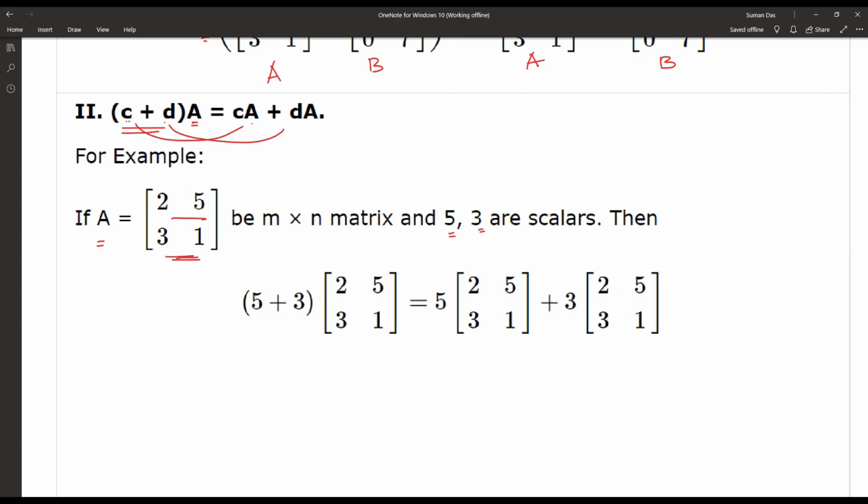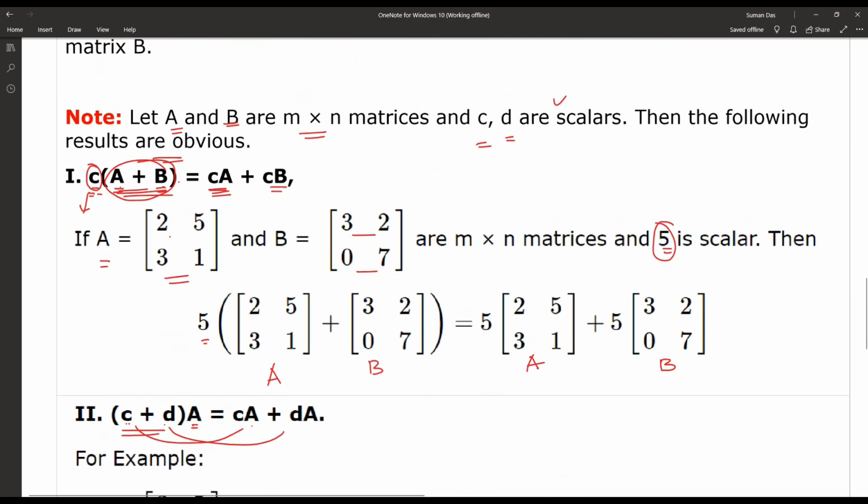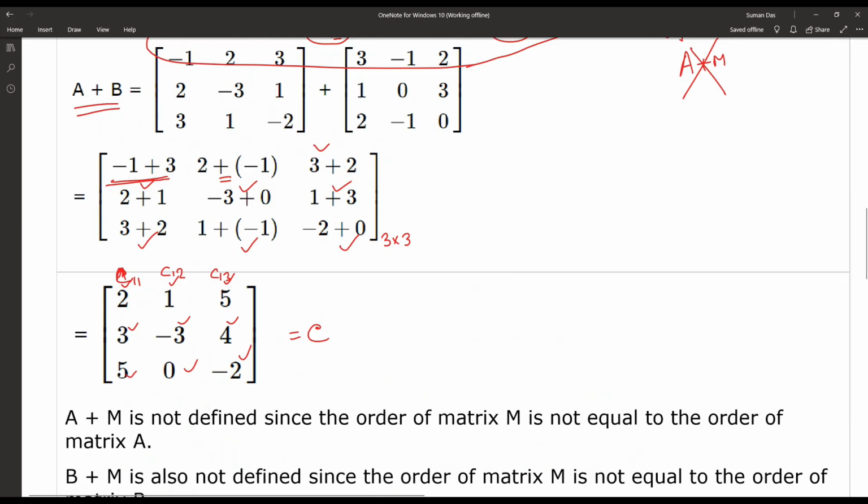So we may write it in that way, 5 plus 3, where 5 is C, 3 is D, and that one is A. So C into A plus D into A, that means 5 into 2 5 3 1 plus 3 into 2 5 3 1. In that way we can proceed with the addition of two or more than two matrices.